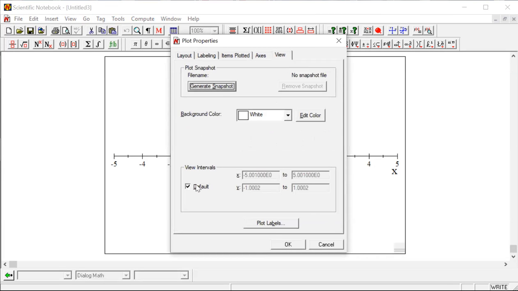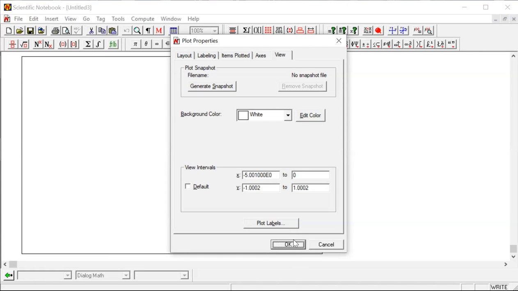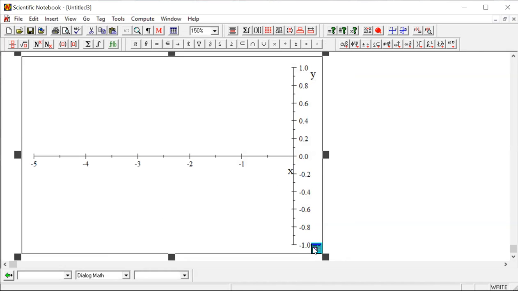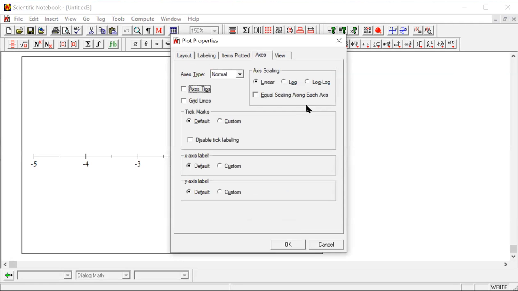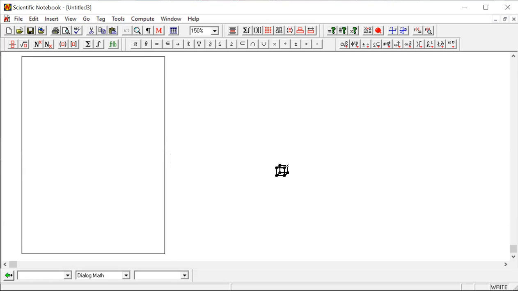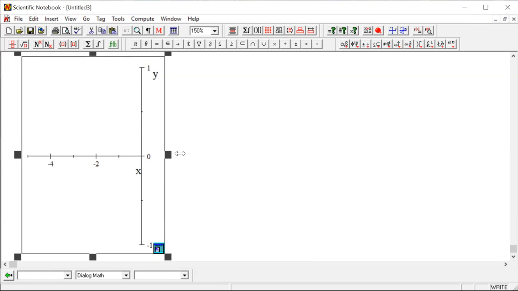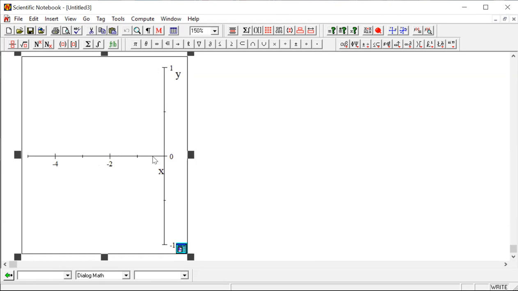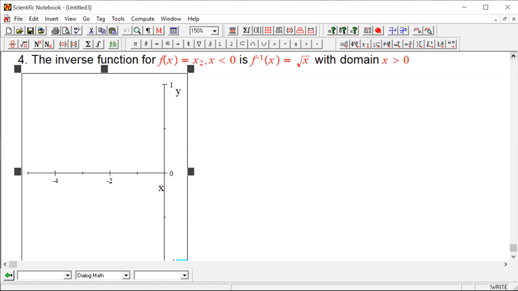Okay, so I'm going to have x less than 0, and I'm going to plot the curve. Let's see how we're going to plot it. The function given says x is less than 0, that's why we show the negative side of x.